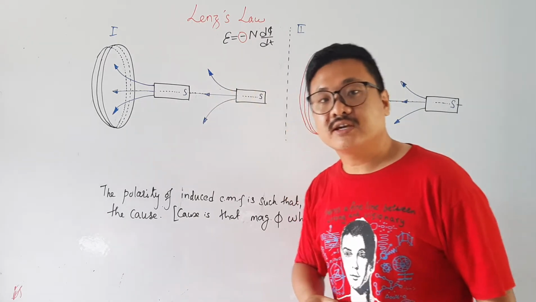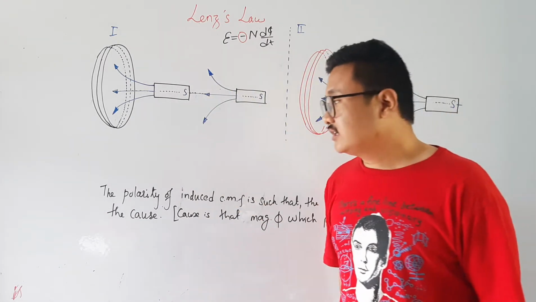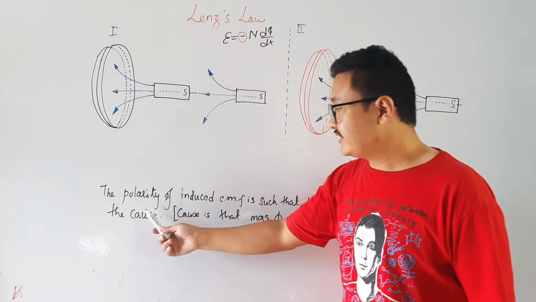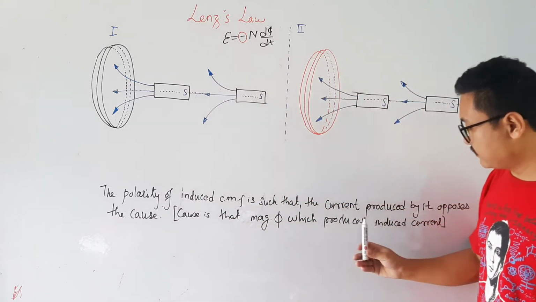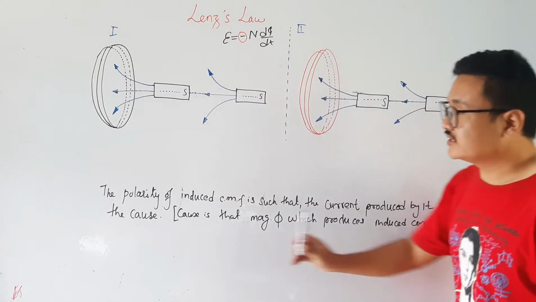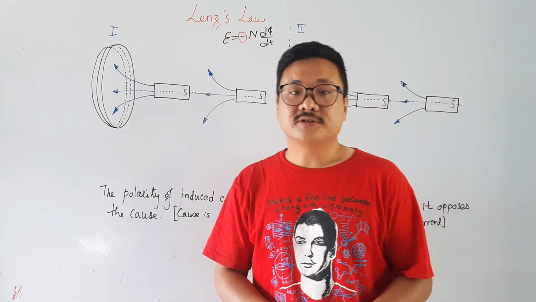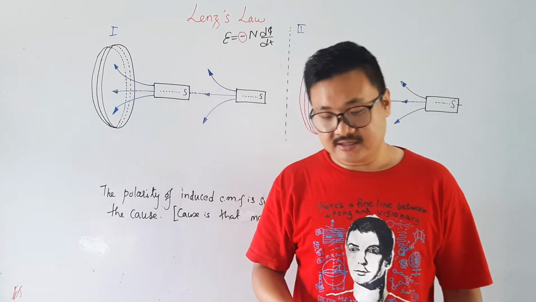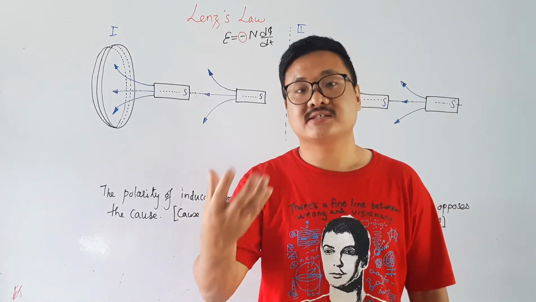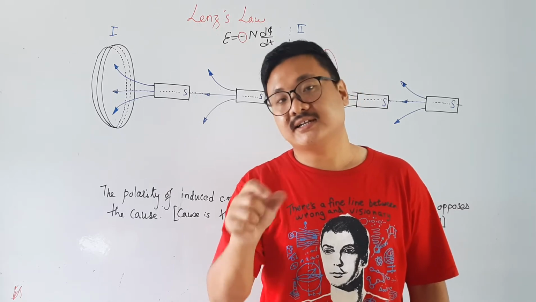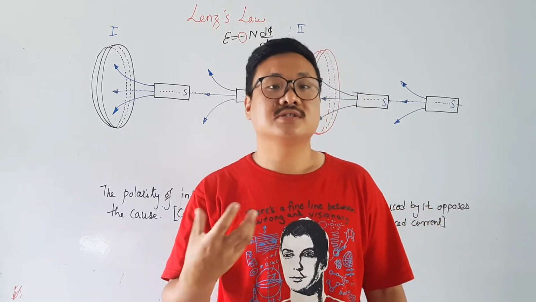First, let us go to the statement. The statement says that the polarity of induced EMF is such that the current produced by it opposes the cause. In electromagnetic induction, the changing magnetic flux produces an induced EMF, and that induced EMF produces the current.